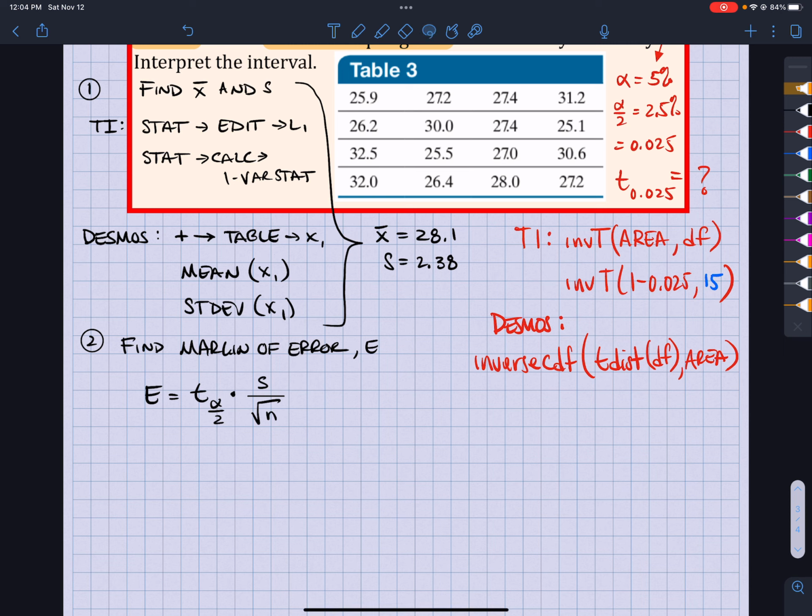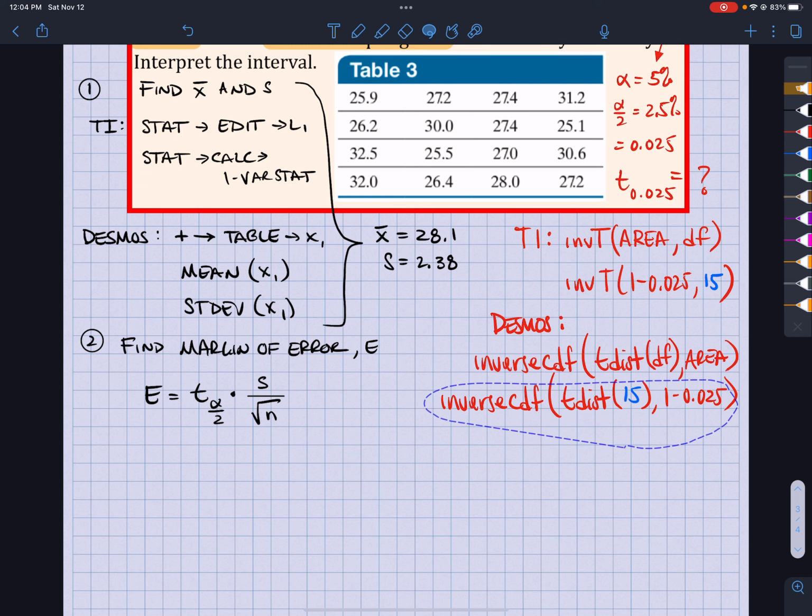Okay, so in this case, we're using the 15, comma, 1 minus 0.025. Okay? So that's how we would go about doing that.